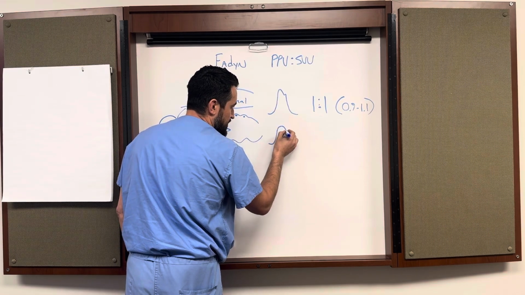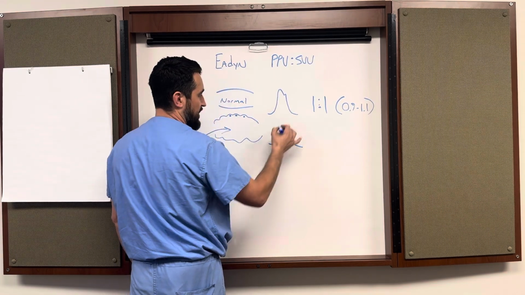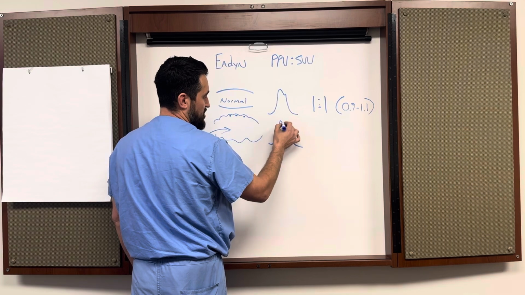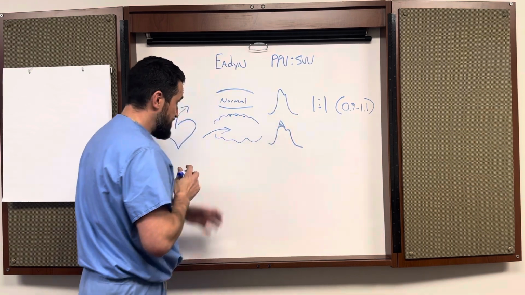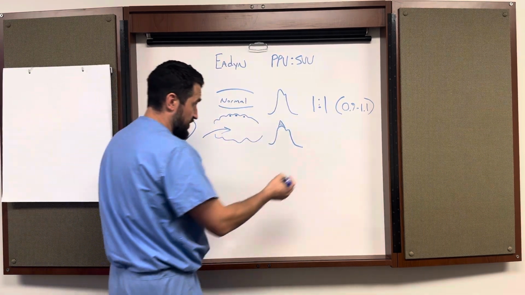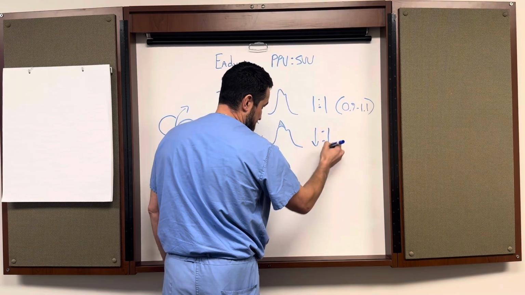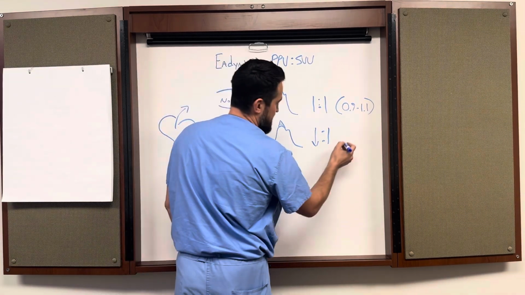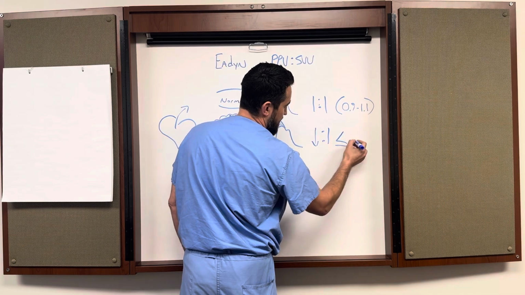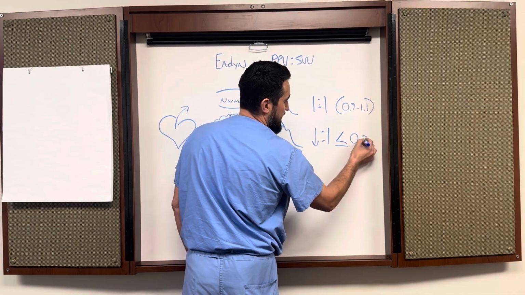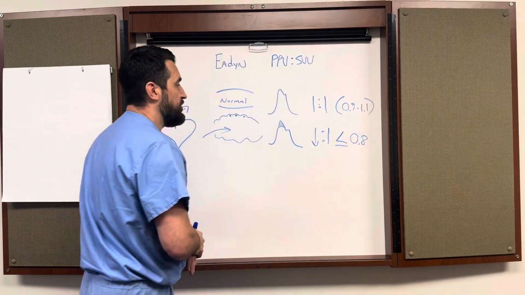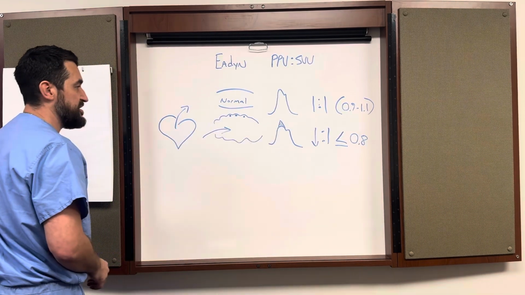It would have that rounded, shocky look. This top portion of the pressure is being lost into the vessel wall, so that drives down the PPV. The SVV remains around the same, and so we get a value less than or equal to 0.8. I'll talk about what we do with that value in just a minute.